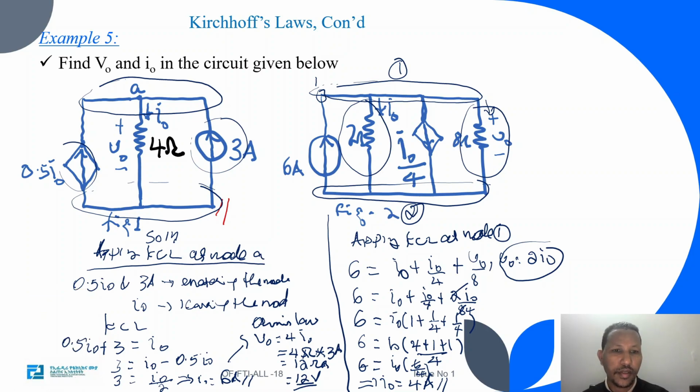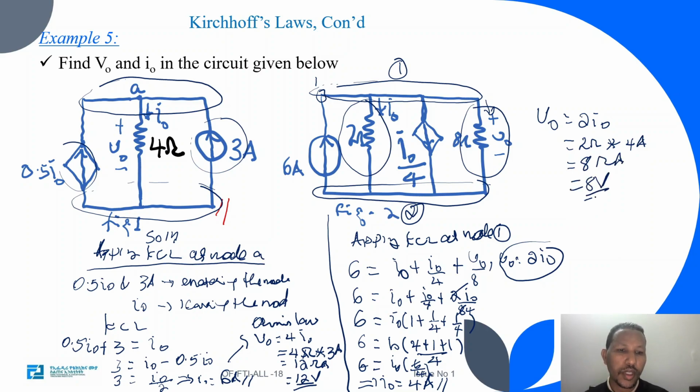So we can have V naught equal to twice I naught, which is 2 ohm times 4 ampere, which is 8 volt. The voltage across the 8 ohm resistor will be 8 volt, so the current in the 8 ohm resistor will be 1 ampere.